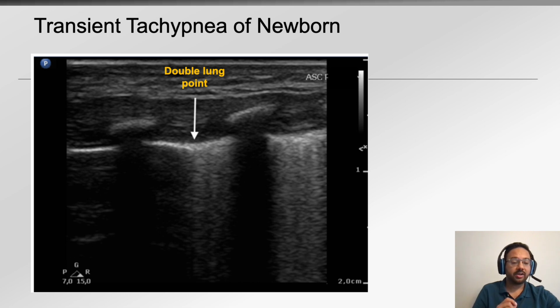So please pay close attention to the fact that in double lung point, you actually have lung sliding in both areas. The terminology is a little bit misleading, but what you see makes a lot of sense. It is an area of the lung where the fluid has already disappeared next to an area of lung where the fluid is yet to disappear. So pay close attention when you're diagnosing this.